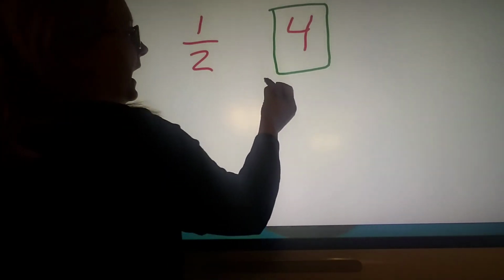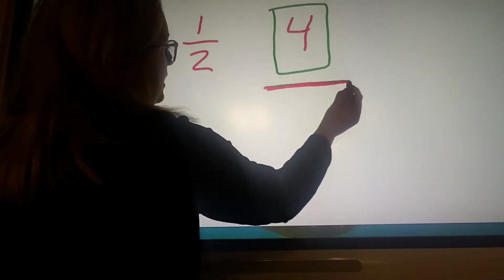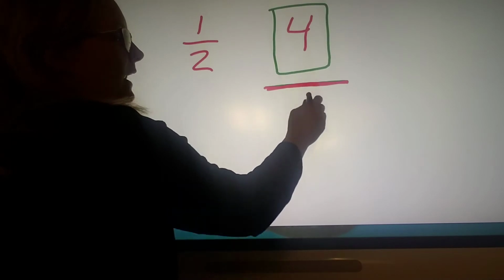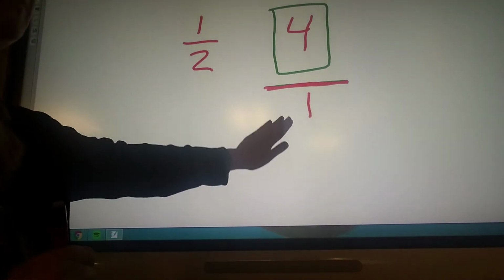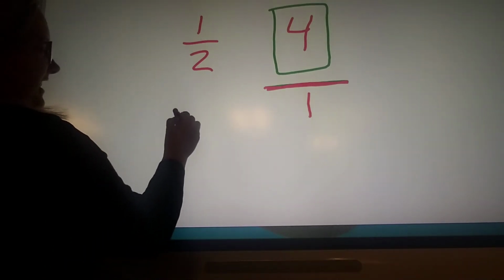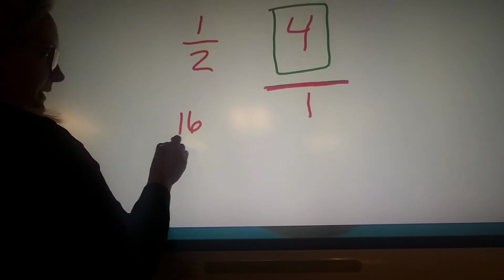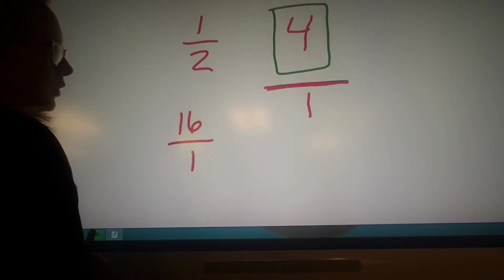Okay? We always put 1 as the denominator, the bottom number. So 4 as a fraction is 4 over 1. If I wanted to make 16 a fraction, it'd be 16 over 1. So anytime you have a whole number, you put it over 1.